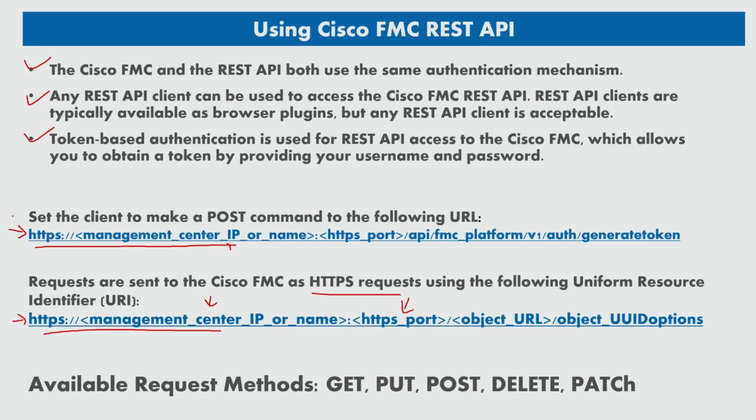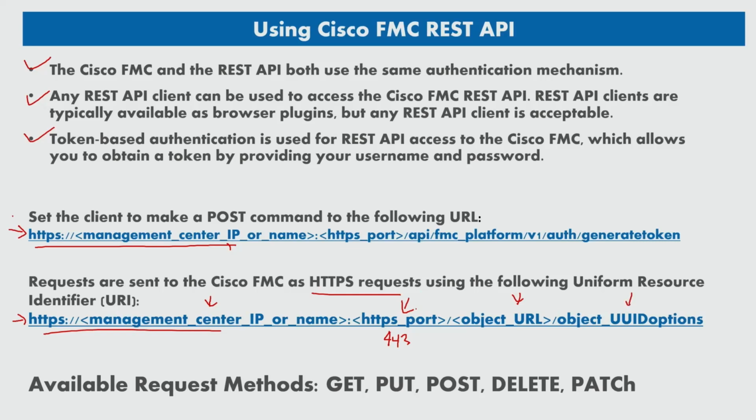Then the HTTPS port is the port number used by the Cisco FMC for HTTPS connections. Normally it uses 443, which should not be supplied in the URI. The object URL is the specific URL for the desired resource. These URLs are unique for each resource. And we have the UUID here.